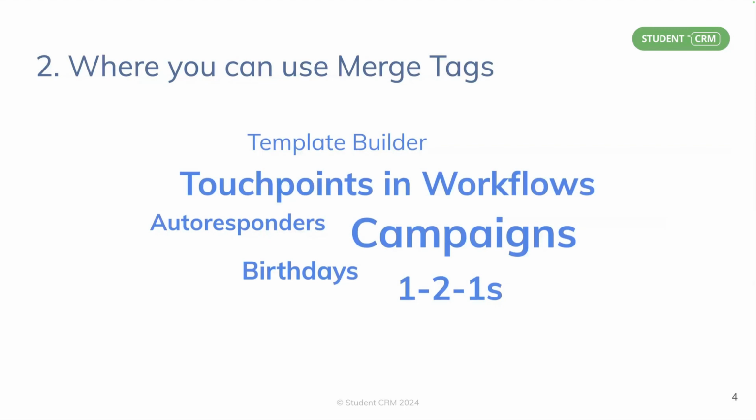There are 6 places here. Firstly, in Template Builder. Template Builder originally was used as a place that just said, okay, insert content here when used for touch points. Of course, if Template Builder was being used to create a template for a campaign, all of the campaign was put inside it.